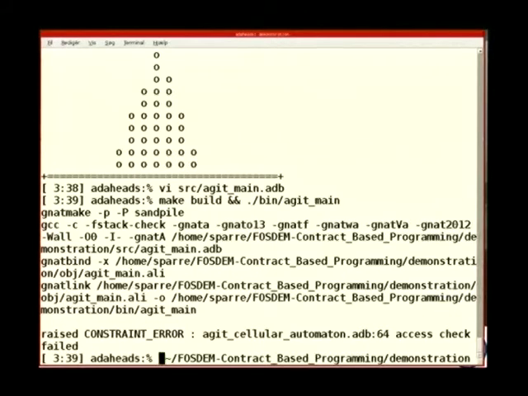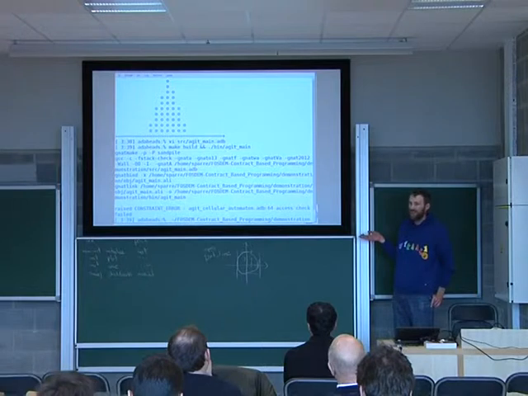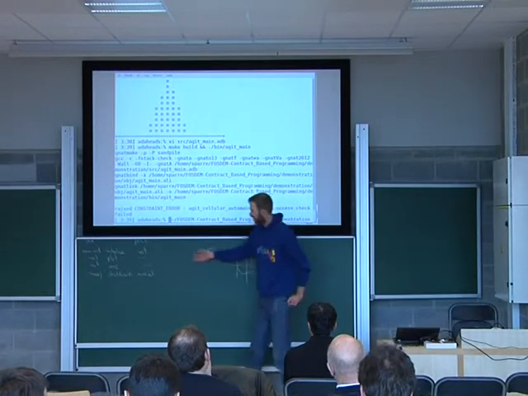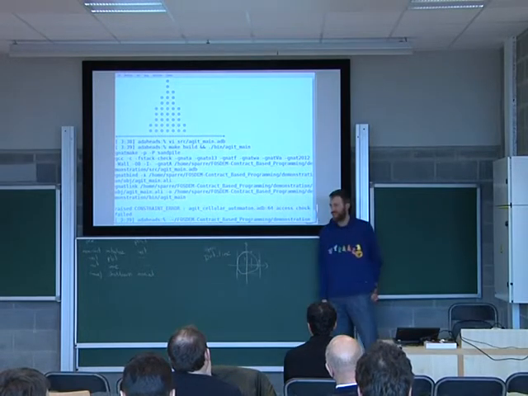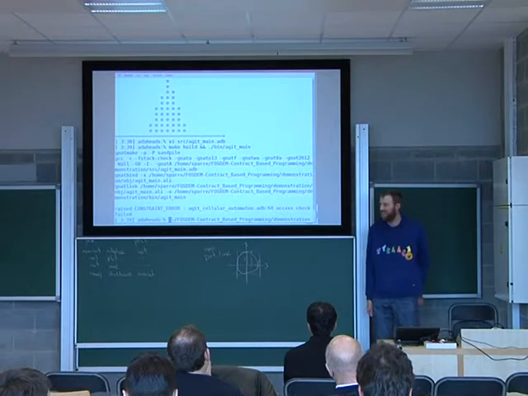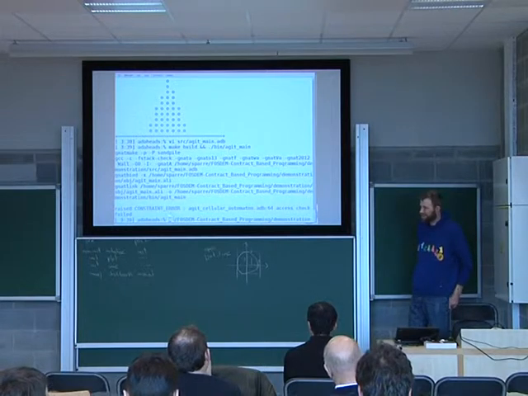Another option could be that we actually make sure that we keep track of the state of our simulator, like this, and then we'll still get an exception, but it will be caught further out in the system.